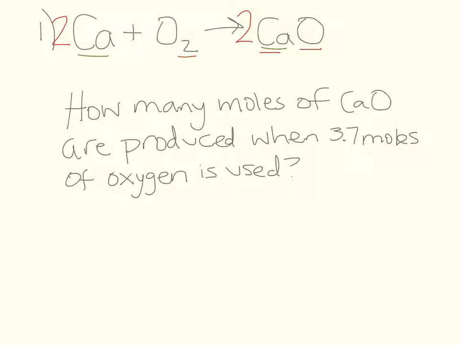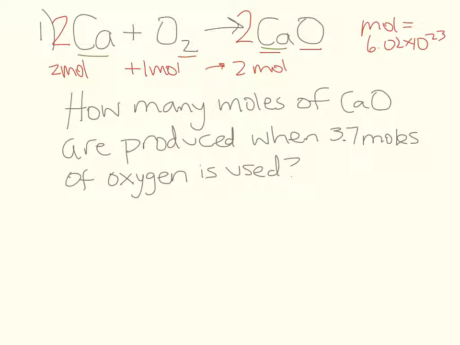So in this reaction, we could say 2 moles of calcium plus 1 mole of oxygen is going to react to form 2 moles of calcium oxide. Remember, a mole is just equal to that number, 6.02 times 10 to the 23rd.